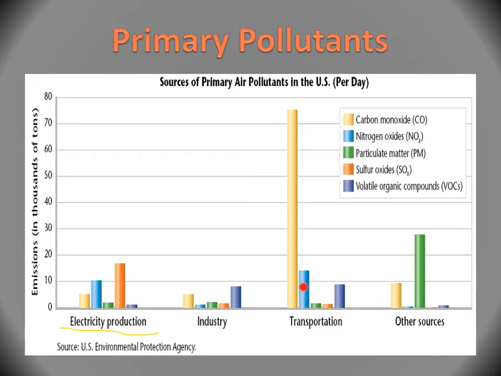But also throw in some nitrogen dioxides and some volatile organic compounds, and then other sources not part of electricity production, industry, or transportation provide even more carbon monoxide and some particulate matter. And other sources would be like fires and stuff like that, which could provide soot and other primary pollutants in that way.